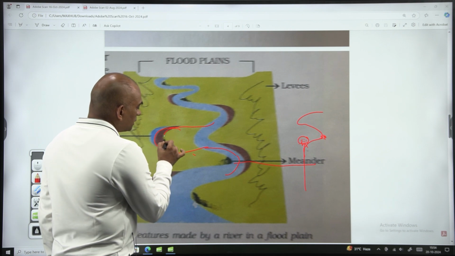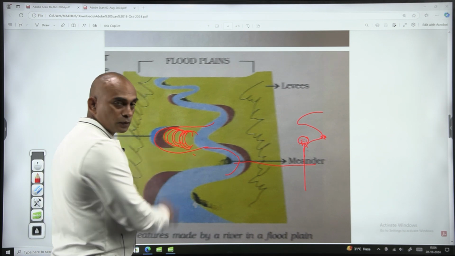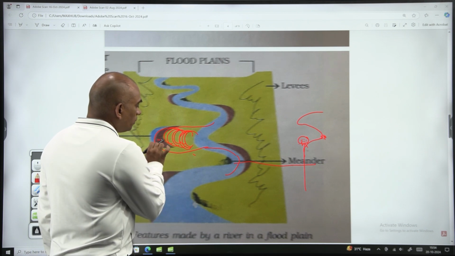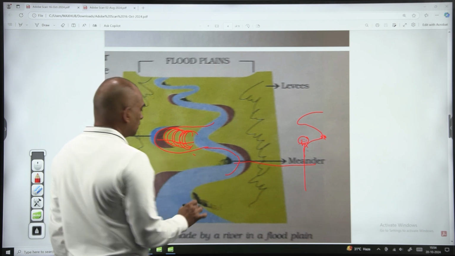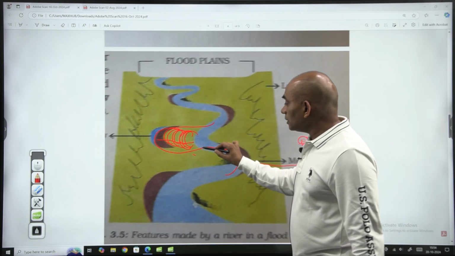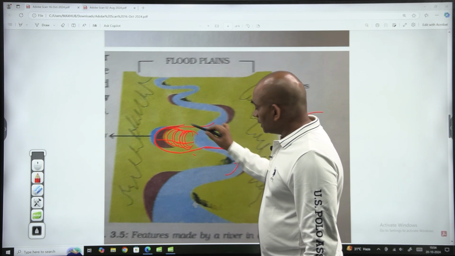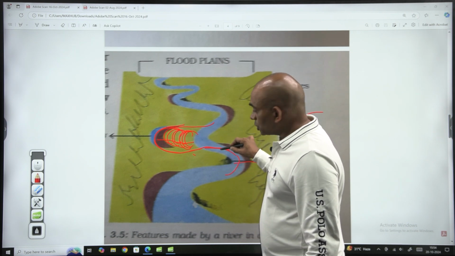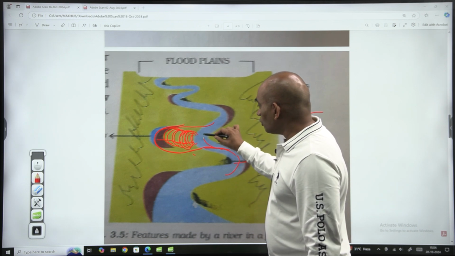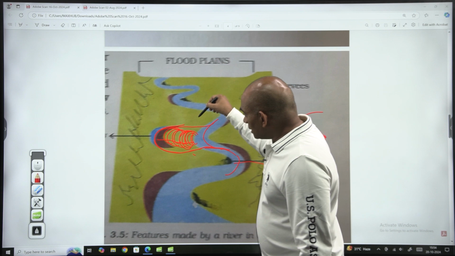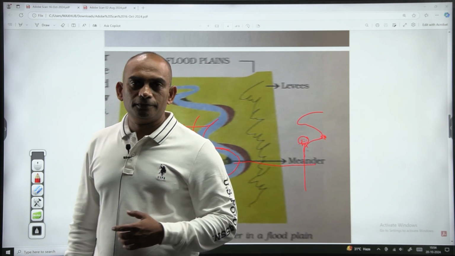Whenever this deposition is more and more, this loop, this particular bend, comes closer and closer, and instead of the river going in this big loop, the river changes its course in due course and moves like this. That means this particular bend has been cut off from the river.